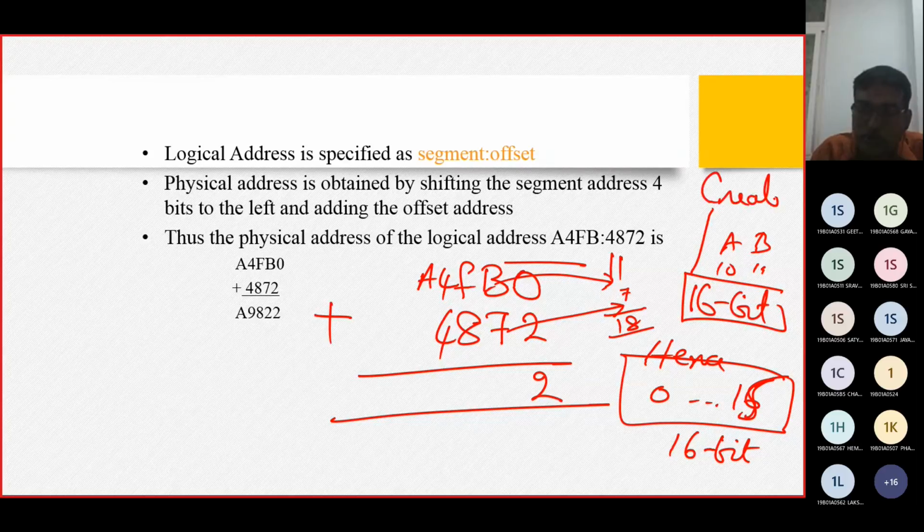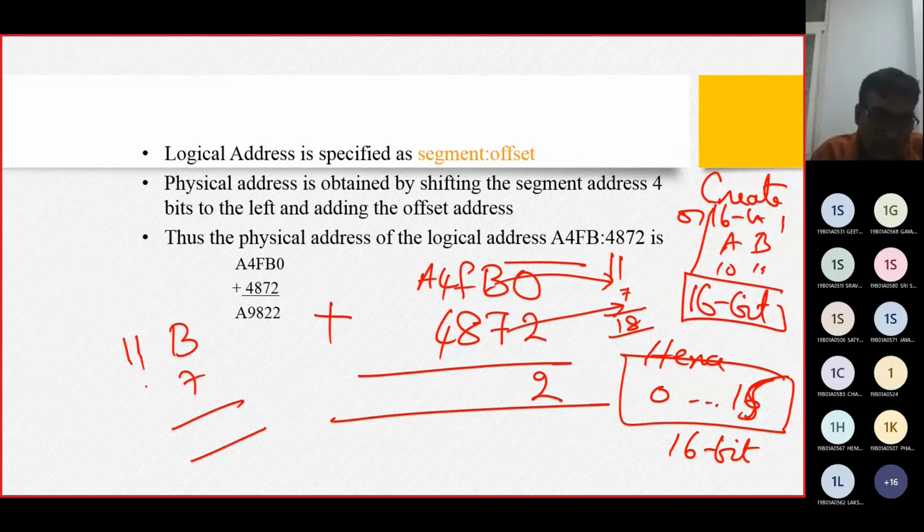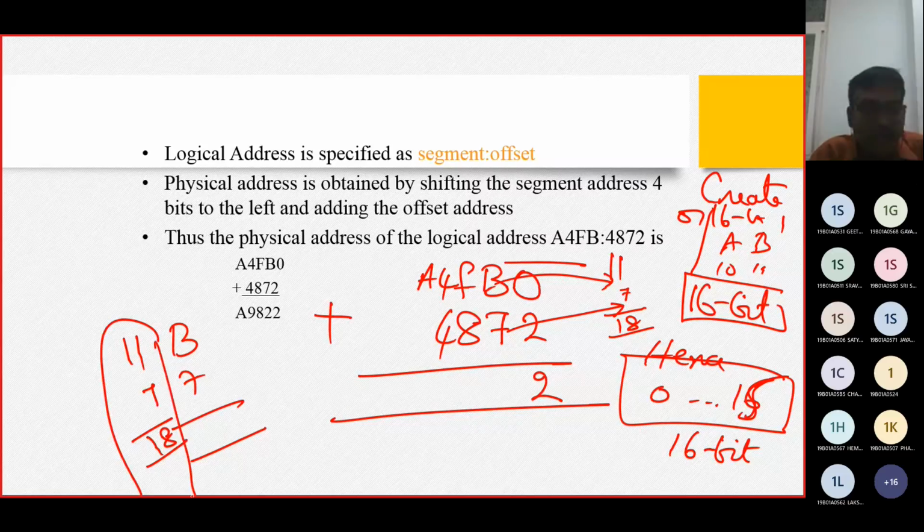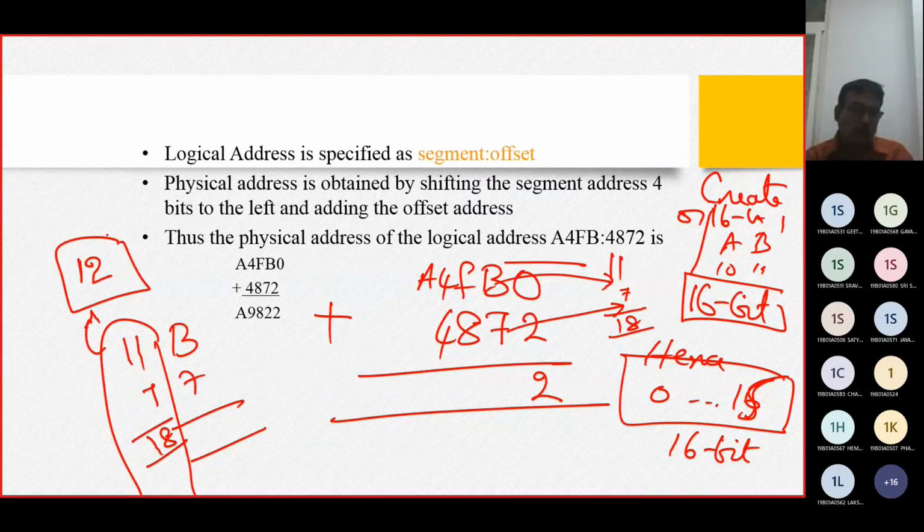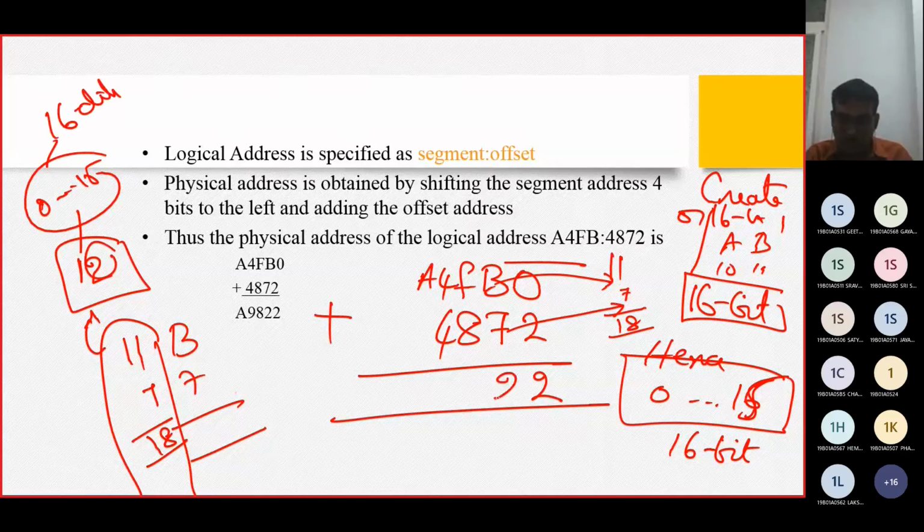Because B plus 7 is there, B value is 11 and 7 value is 7, so we are going to have 18. But 18 is not there in the hexadecimal system. How can I write it? I can write it as 1, 2. So 1 indicates the 16, and this 2 we mention the same. That's the reason why 2 is written here. 1 unit is promoted towards the left side.